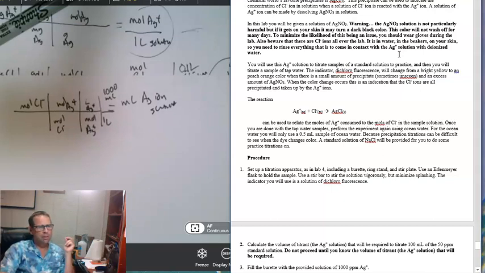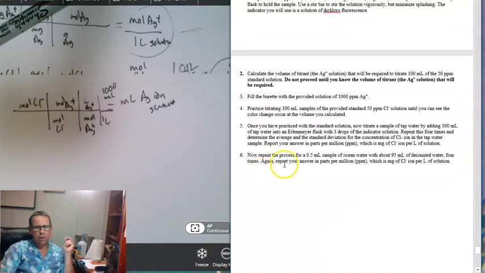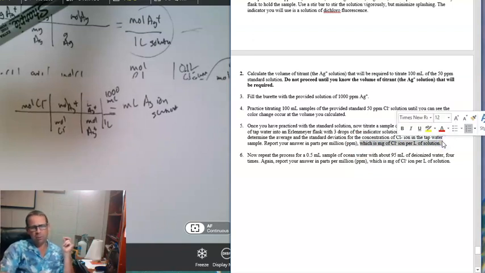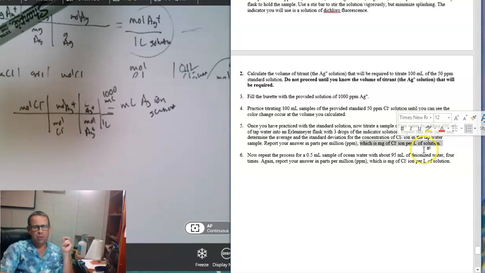Remember that you have two unknowns in this lab, so don't forget to run both of them. Sometimes people run one unknown and then they move on, or maybe it's because they don't write it down in their lab book, but a lot of people just end up reporting in their lab report one unknown. Well, we have two.